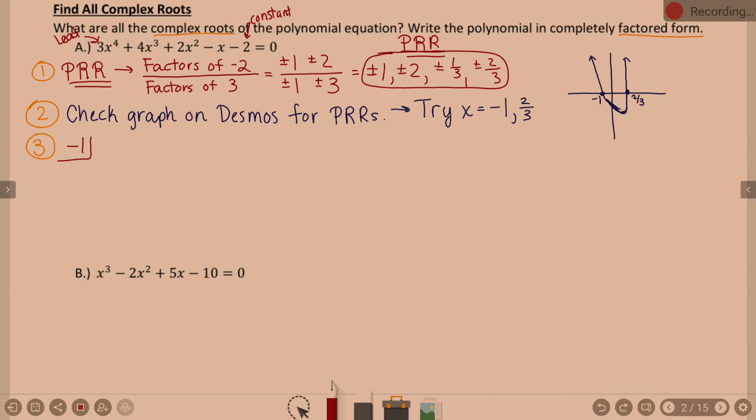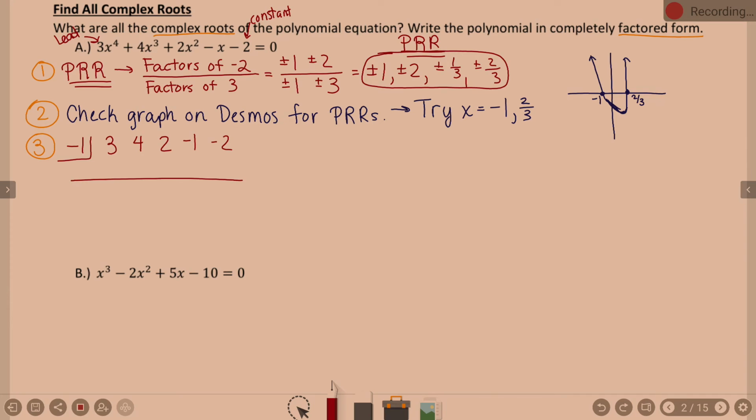What do I put in my row next to -1? 3, 4, 2, -1, -2. Do I need any placeholder zeros? No. We've got x to the 4th, x to the 3rd, x to the 2nd, x to the 1st, and constant. So no zeros there.